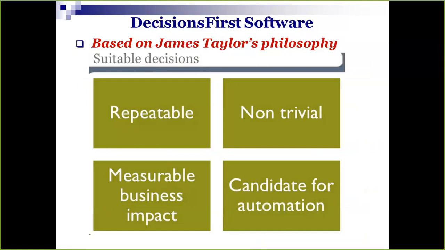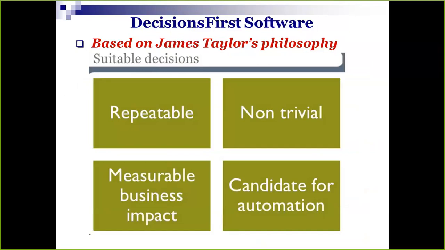Now, that bottom right one is one we won't do too much with in this course. When you get to 640, 650 and start dealing with cognitive computing, big data, and automating of decisions, you will see more impact of that. But if you can organize a decision that is repeatable, non-trivial, and has measurable business impact, often through the use of business rules, which we'll say a little bit more about later in this course, you can automate that.